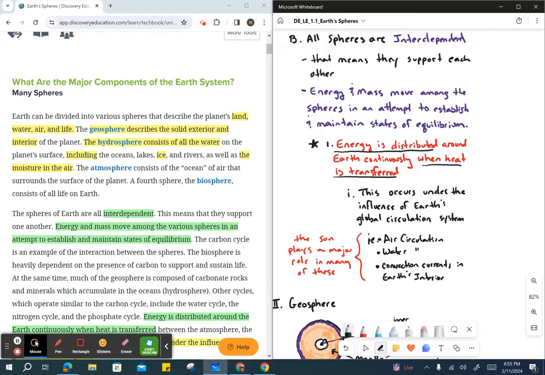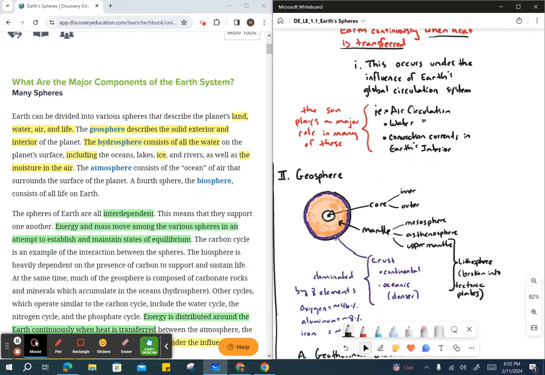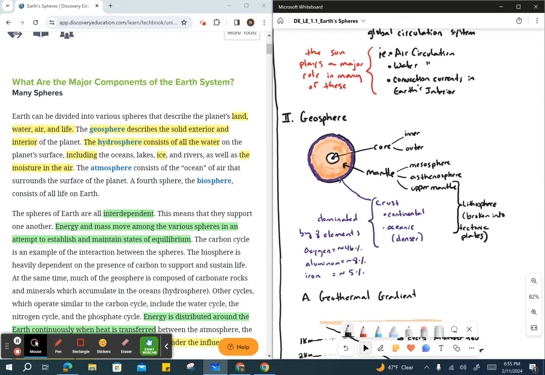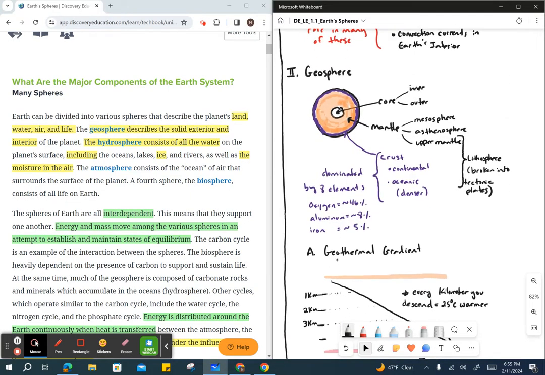So the common phenomena we see every day is related to this energy that's being cycled. Okay, and you can see there we got different circulation systems: the water, the air, convection currents in Earth's interior, not directly related to the sun, but still they help drive things.